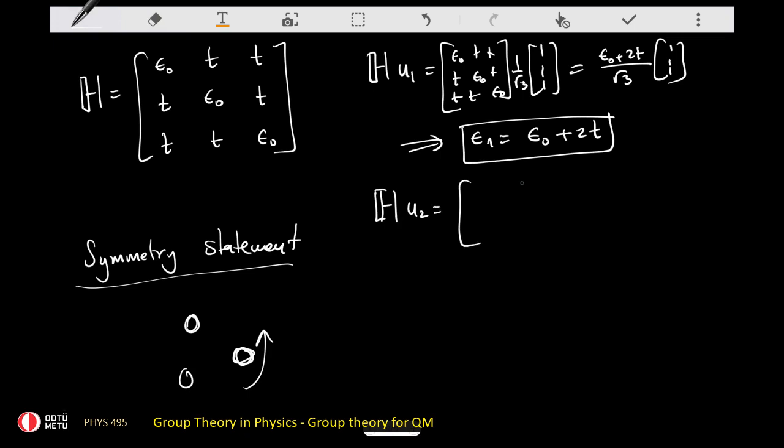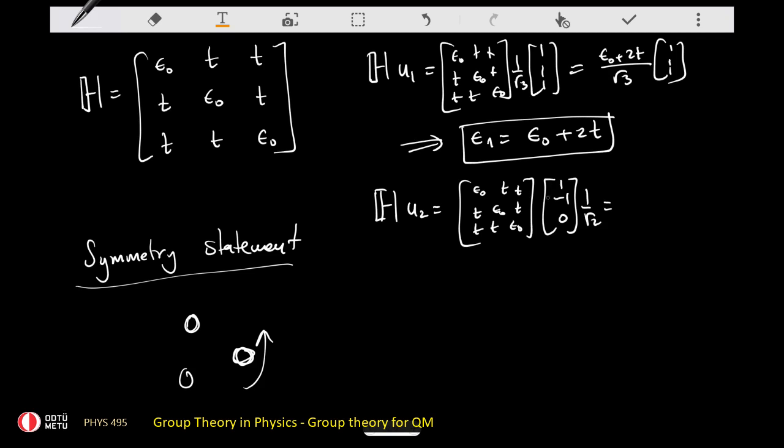H applied on U2. So let me also do this quickly. I'm going to write down 1 over root 2 somewhere else. Let's write it down like that. So that normalization is irrelevant. I'm just trying to identify the eigenvalue in here.